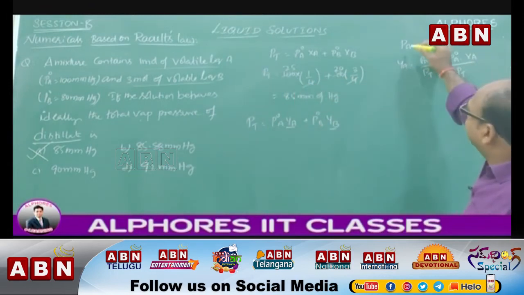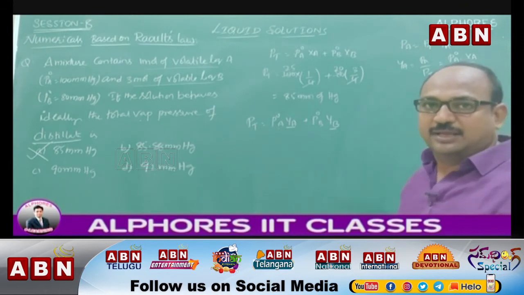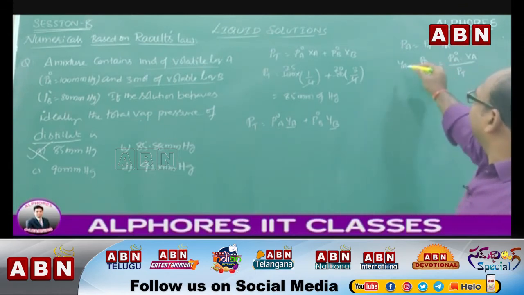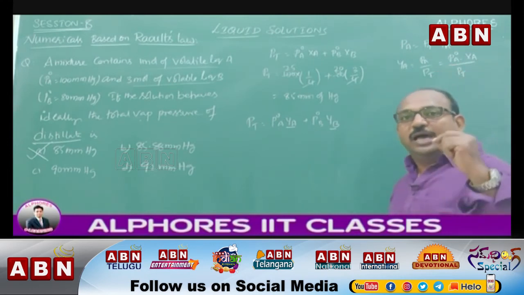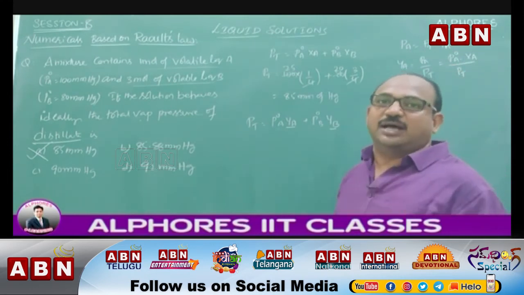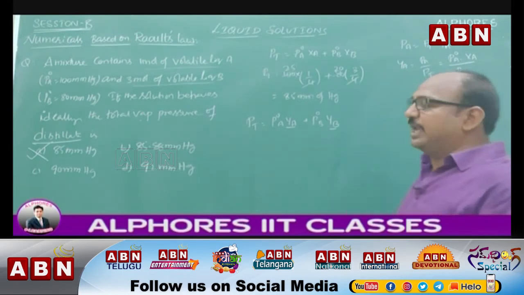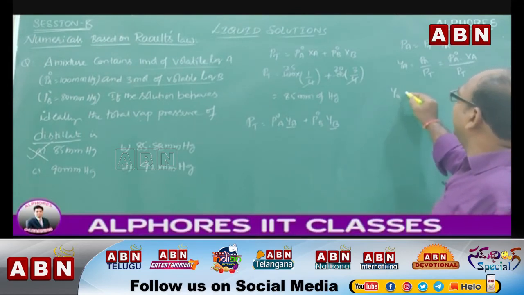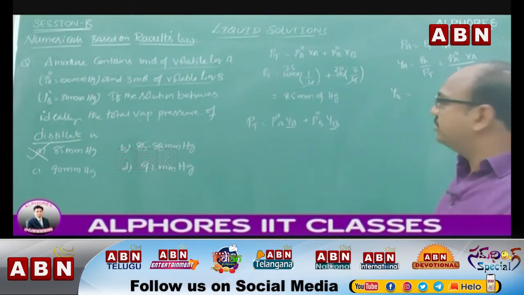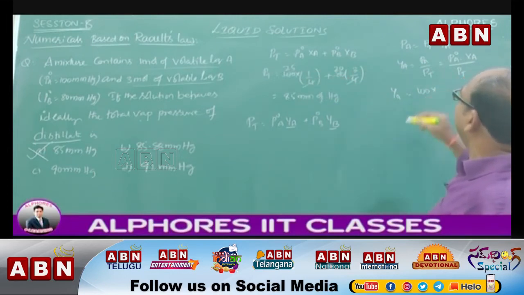PA is equal to PT into YA from Dalton's law, and from that YA is equal to PA by PT, and then we apply Raoult's law as PA is equal to P0 A into XA. So YA is P0 A into XA by P total. Here P0 A we know is given as 100.